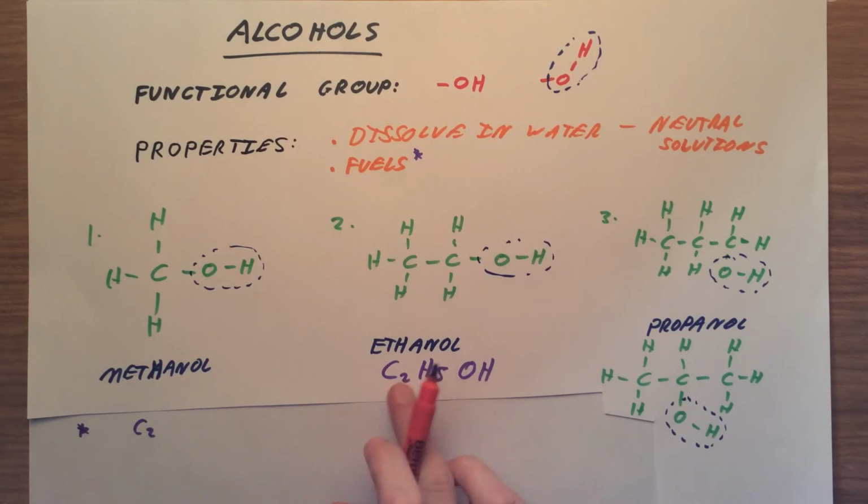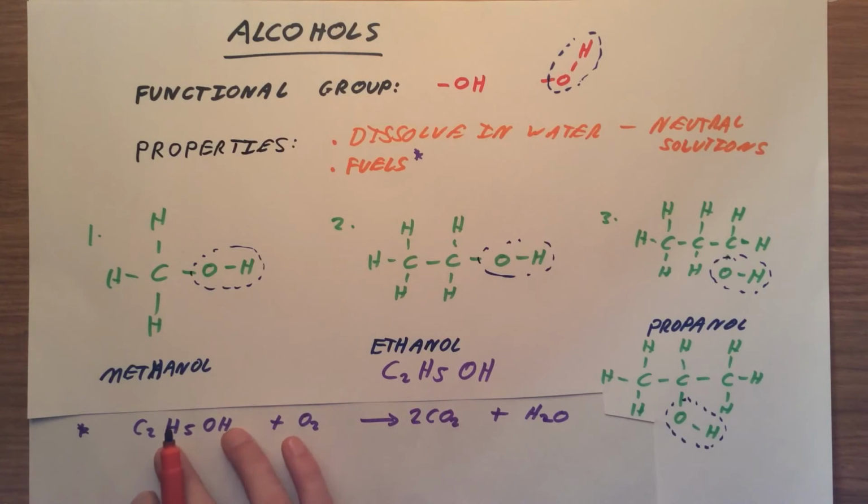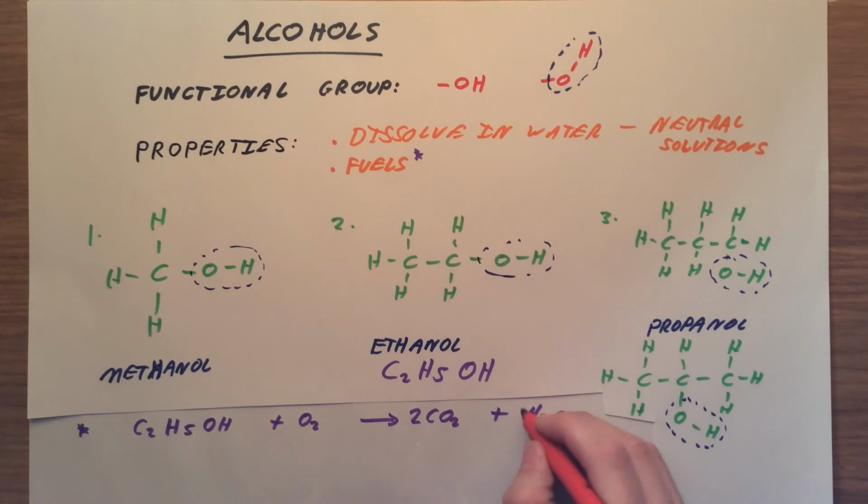So bear in mind that ethanol itself is not a hydrocarbon because it contains an oxygen atom. However, if we burn it in air, we still produce only carbon dioxide and water. So if we were going to write this equation out, we'd want to balance the carbon atoms first. So we're going to have 2 lots of CO2. Next, if we balance the hydrogens, we've got 6 hydrogen atoms in total here, so we're going to want 3 lots of H2O.